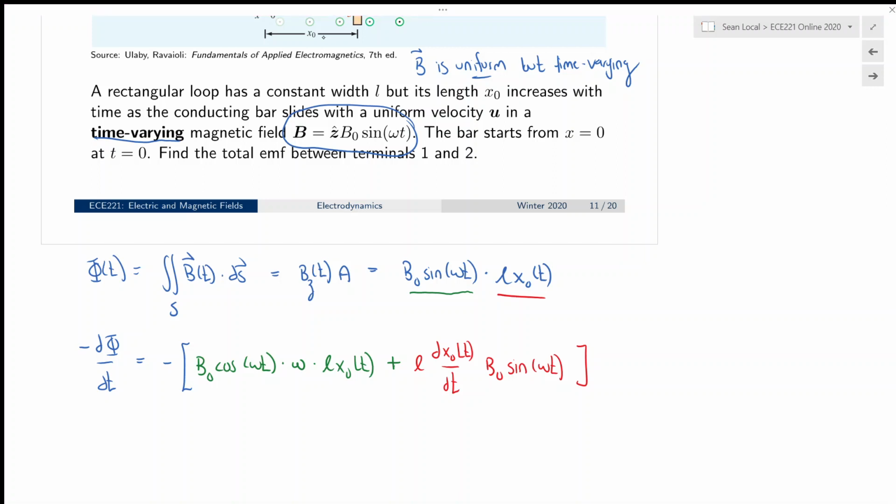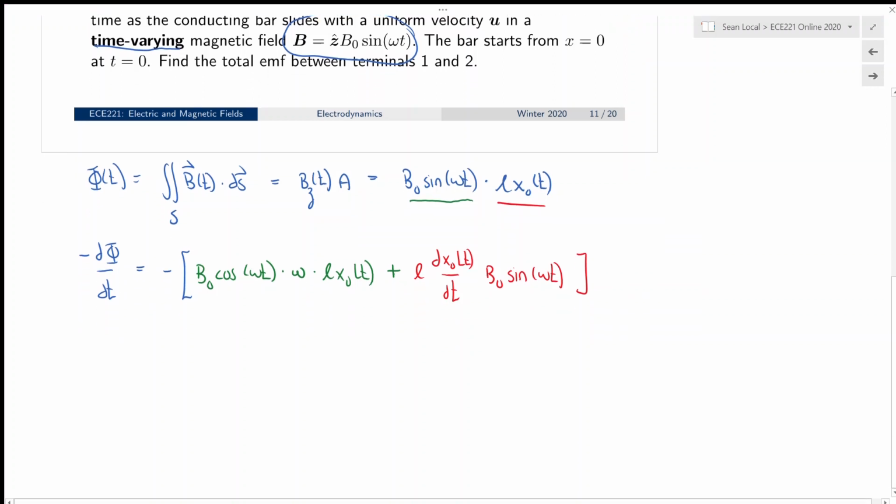Let's have a look at each of these terms individually. If we look at the first term here, we recognize this term in green is actually the transformer EMF. It arises because of the time-varying flux that's passing through the loop.